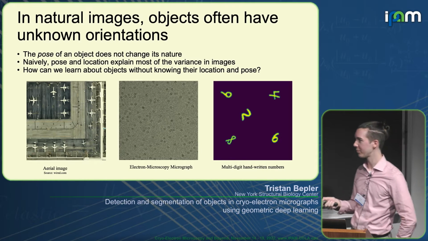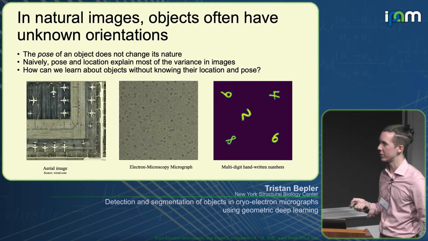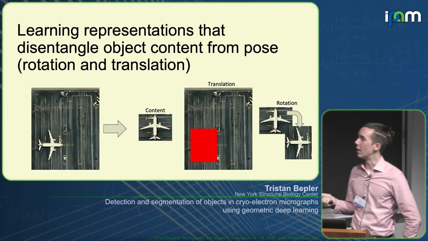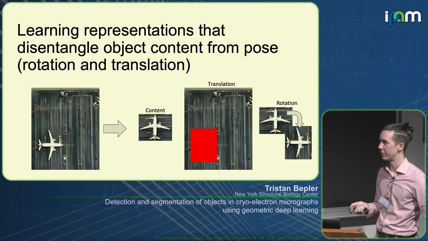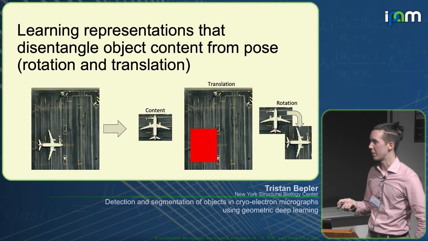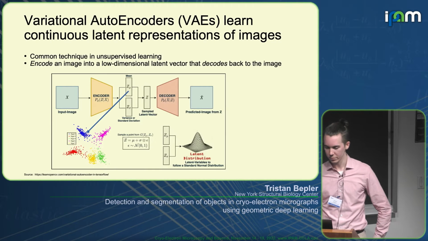So the question is, how can we learn about objects without knowing their location and pose? We want to be able to disentangle these multiple sources of variation in the images we observe. We have some content, that content is placed in some location, that's its translation, and it could be rotated as well. But fundamentally, we don't want translation and rotation to end up in our understanding of the content.